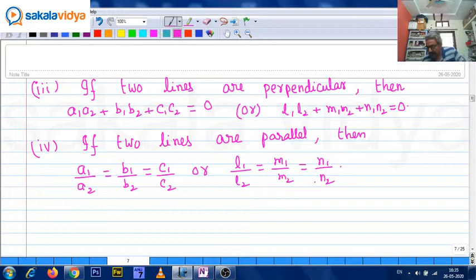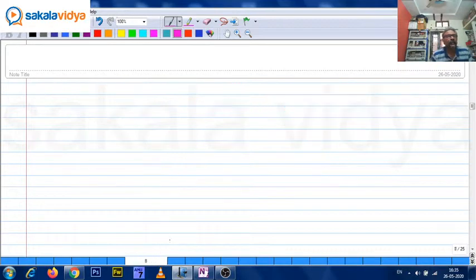So these are the very important points that need to be remembered. So let us move to the sixth point.